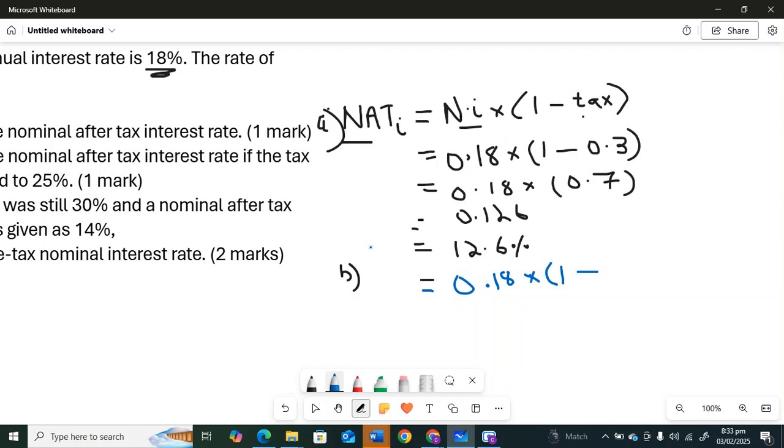They've told us now it's 25%, so 25% is 0.25. So we subtract 1 minus 0.25, we get 0.75.